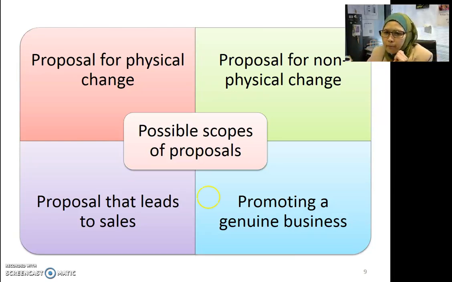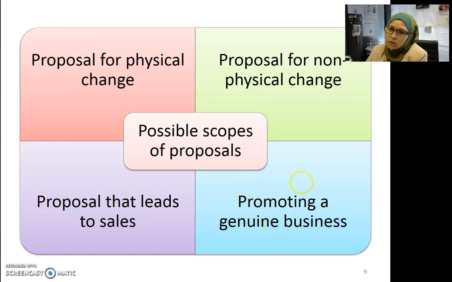Next is promoting a genuine business. If you have actually sold something before, maybe you sold something online, or not even online, it could be door to door, and this thing you feel is really good, it could be food, clothing, or anything.